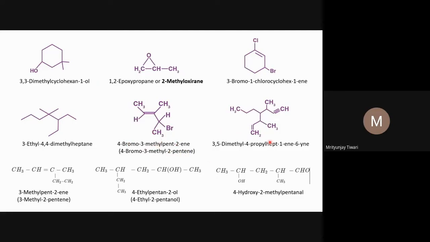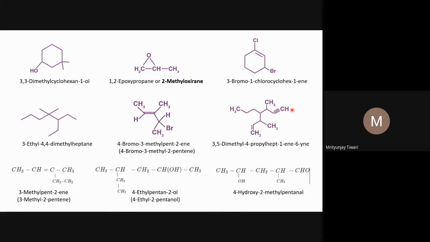This compound now, let's consider this. You have to find the carbon chain containing the double and triple bonds. If we start numbering from this side, 1, 2, 3, 4, 5, 6, 7, anyway the double bond is given preference.